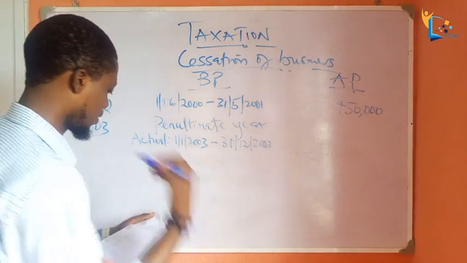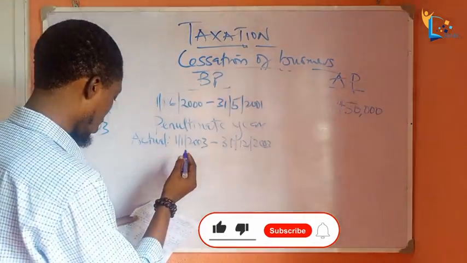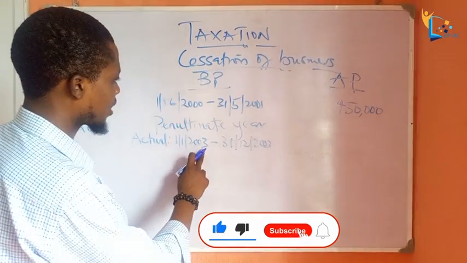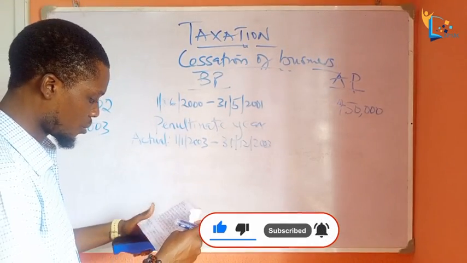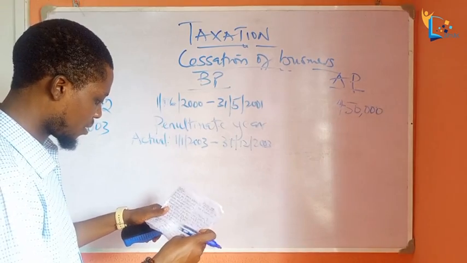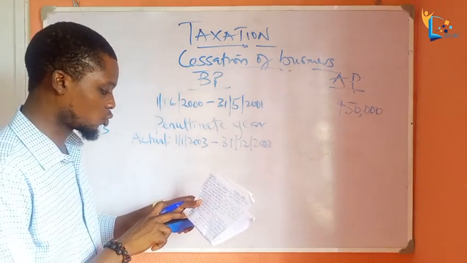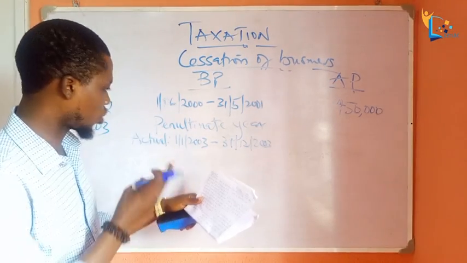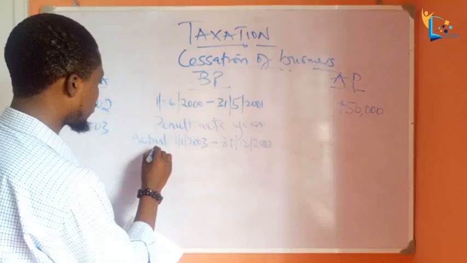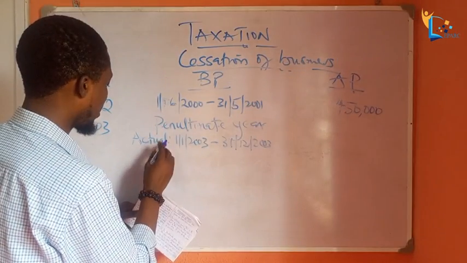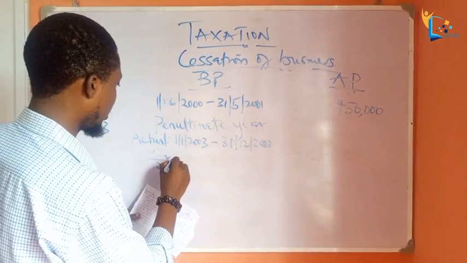Let me do it in this manner. Period to 31st of May 2002. Now, from 1st of January 2003 to 31st December 2003, from our question here, we have information on that. For 2003, up to June, so January, March, April, May, June, we have 5 over 12 times 200K.